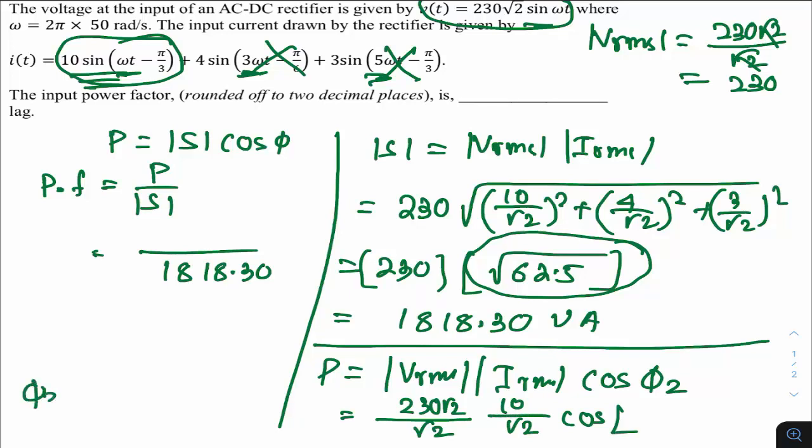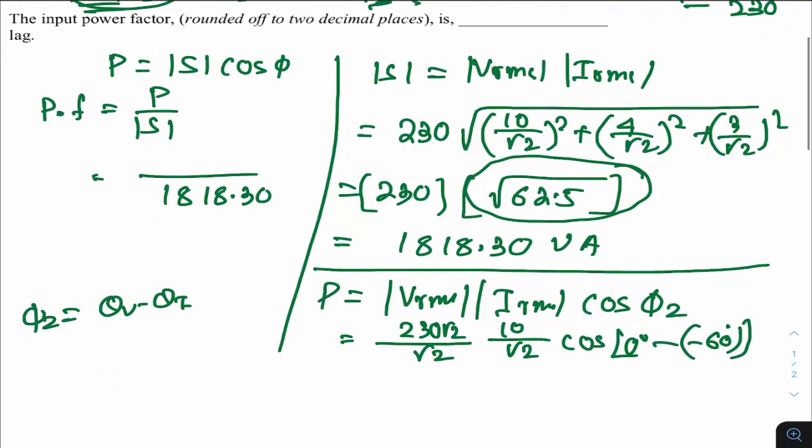Phi Z is given by theta V minus theta I. The voltage angle is 0 if I take sine as the reference, 0 degree, minus the current angle, which is minus pi by 3, that is minus 60 degree. Simplifying, 230 into 10 is 2300 root 2 divided by root 2, times cos of 60 degree. Cos 60 degree is half.